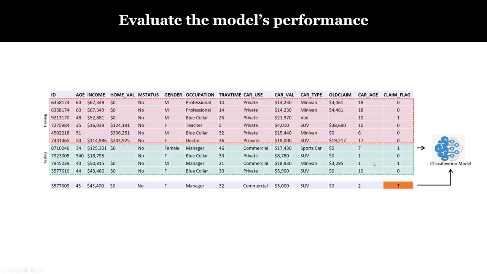So in this case, I can train the model using only my training data set, the one highlighted in red here. This is the one that will be used as input for the classifier. So what's the purpose of the testing data set? This is to address the generalization issue. The best way to do it is to test the model.